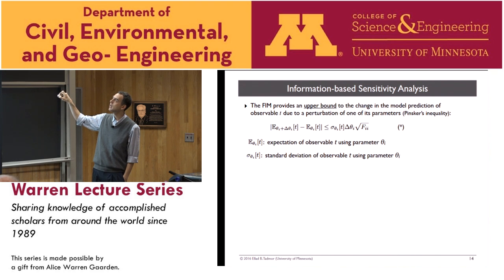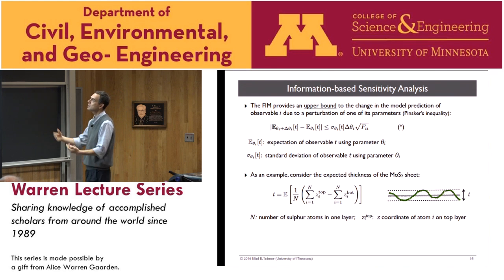It's the standard deviation in the parameter, and it's the standard deviation of the observable given your model theta_i, times the change you put in, times the diagonal element of F for that parameter. And so you can do that, and here's an example.